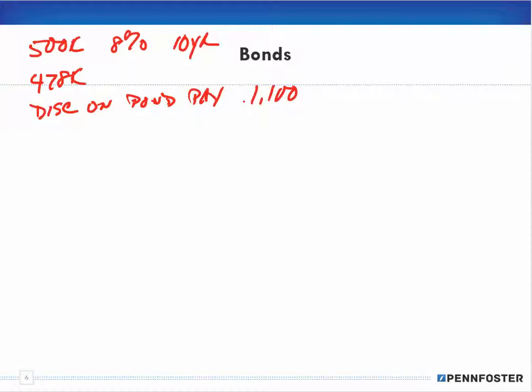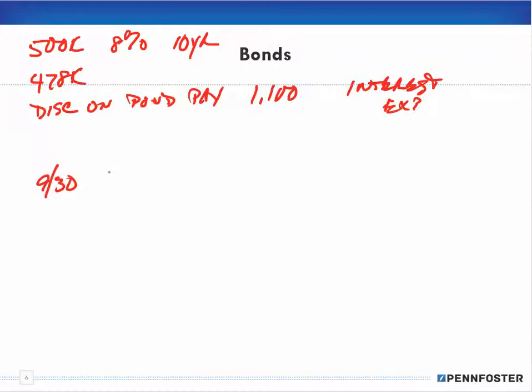As part of the entry when they were doing the interest expense, to see that entry, remember it was on September 30th.